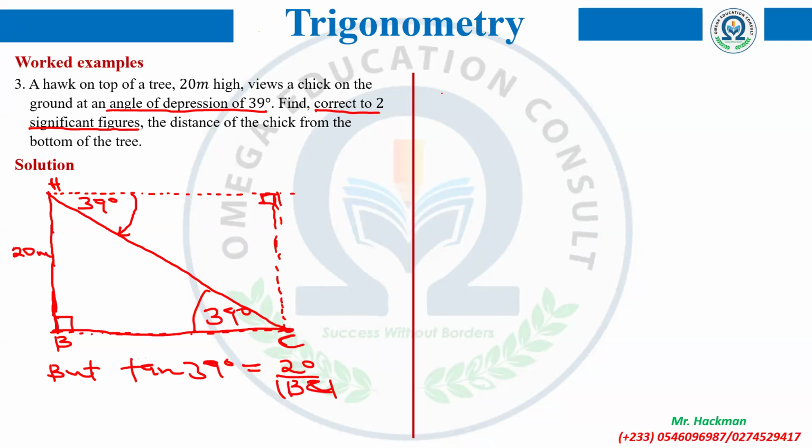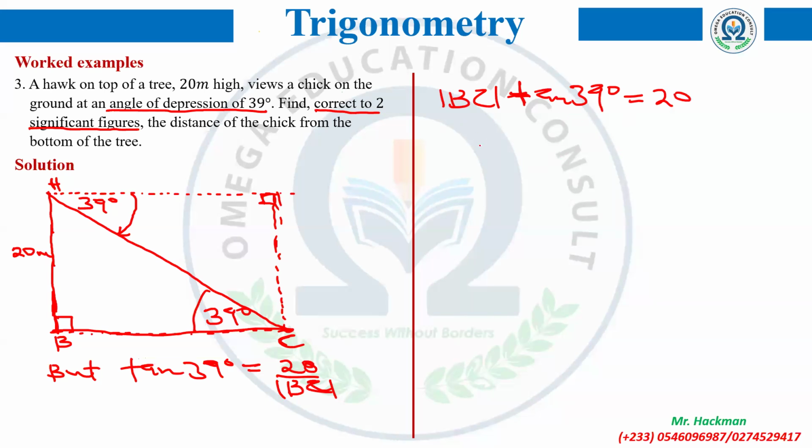So we are looking for the length of BC. You cross multiply. The length of BC will come and multiply this. So I'm going to get the length of BC times tan 39 degrees will be equal to 20.